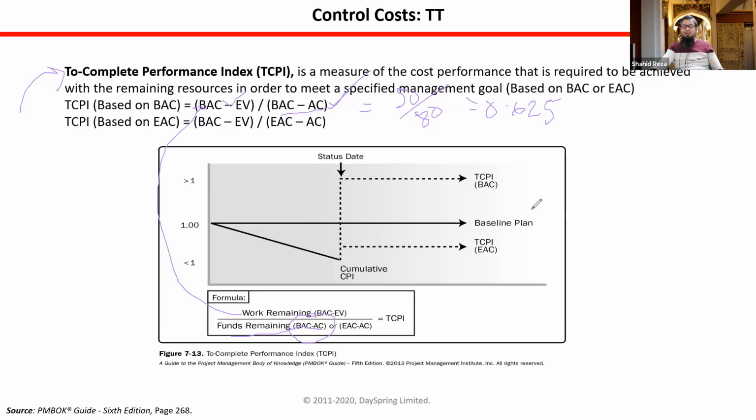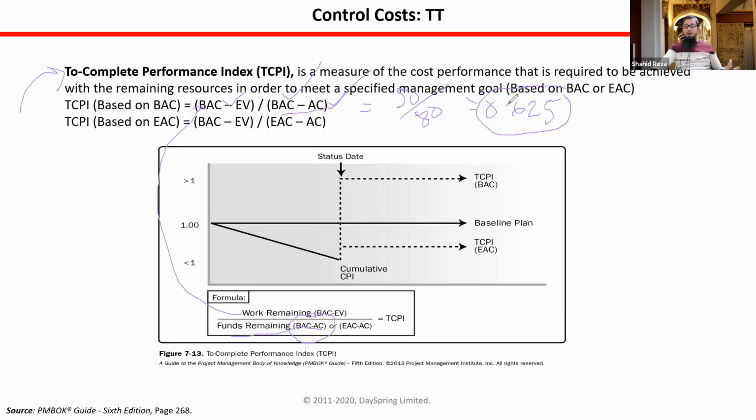All right. What does it mean? That means we are forecasting that for the rest of the project, if we progress like this, if we do $0.625 worth of work for every $1, we can still finish the project within budget. We will not need more than $200.